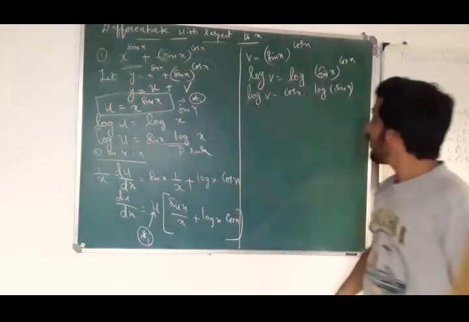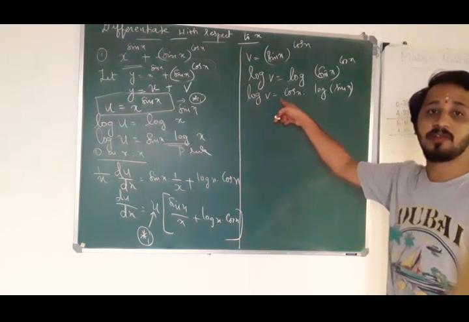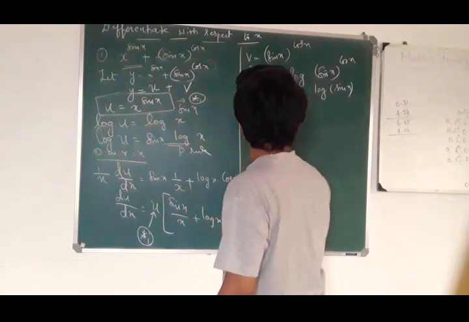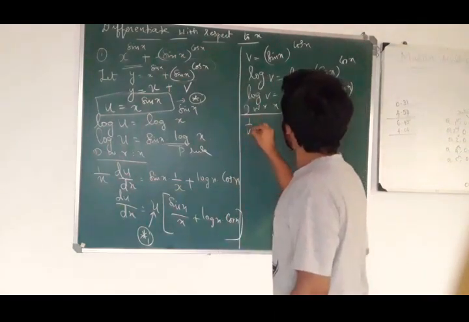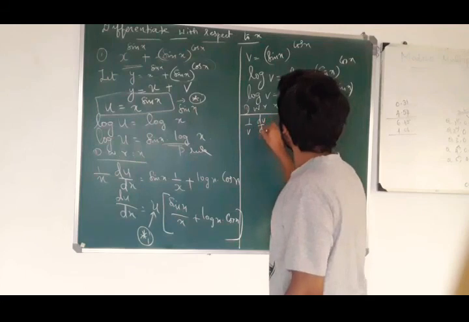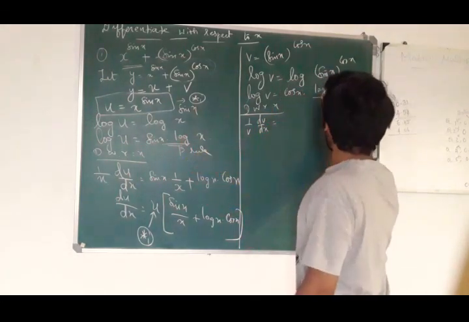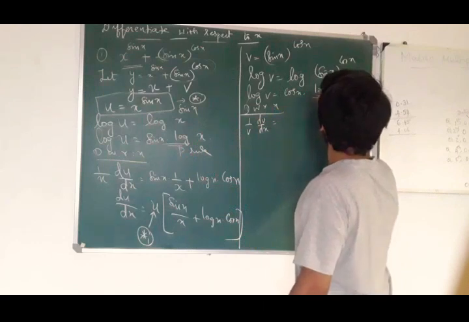Now you have to differentiate with respect to x, that is 1 by v dv by dx is equal to, again here product rule.